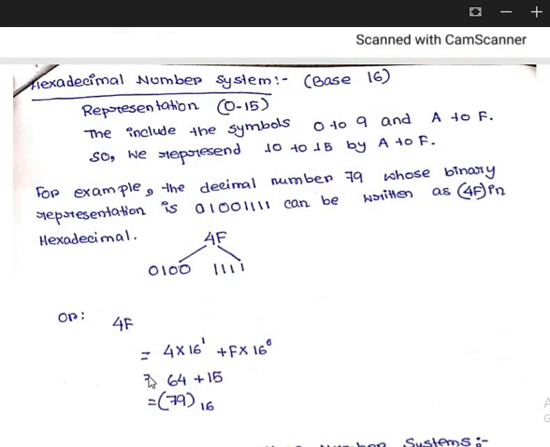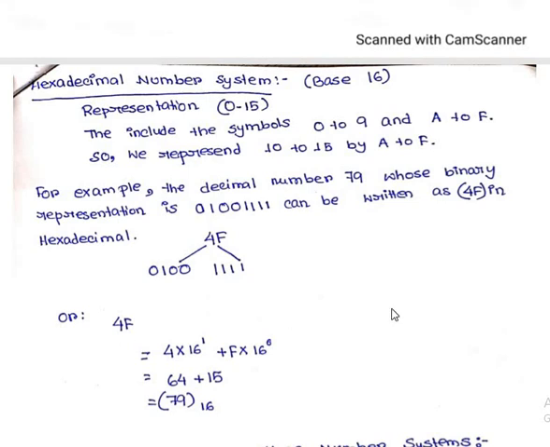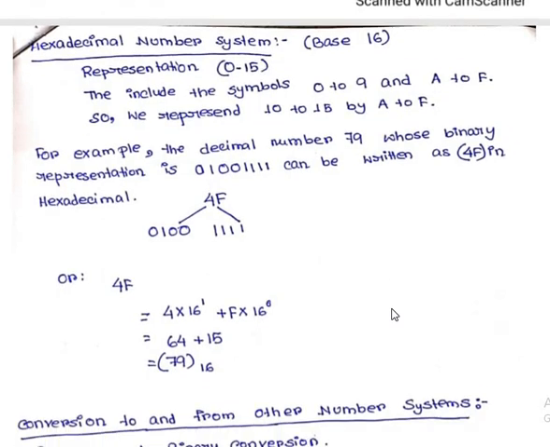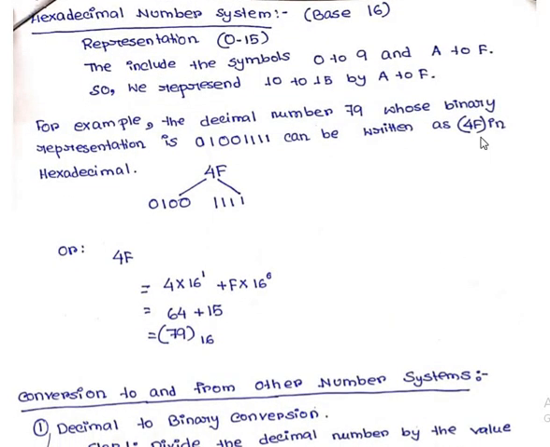Now see, up to 9 it's okay. Whenever I write 10, I will get confused whether it is a decimal 10 or a hexadecimal digit 10. Or even if I write 11, I will get confused whether it is 1 1 or 11. So just for removing that confusion, we will use A to F instead of using 10 to 15.